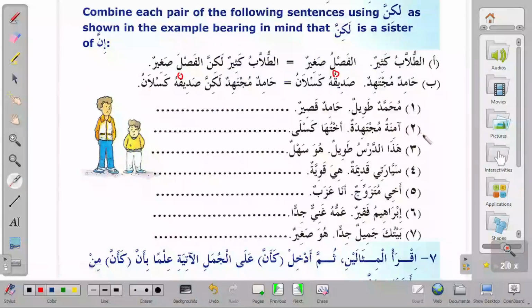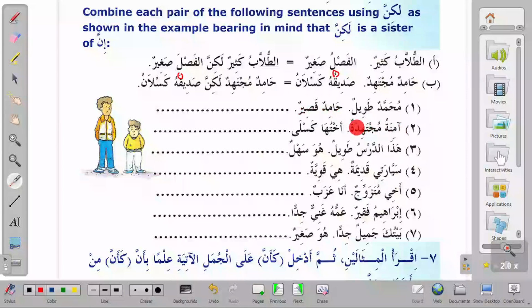Okay, so observe. Muhammadun tawilun, Muhammad is tall. Muhammadun tawilun, lakinna Hamidan qasirun. So lakinna Hamidan, not Hamidun.